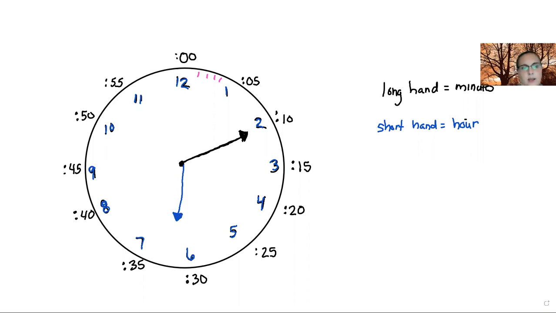My short hand is just after the 6. So if it's between 6 and 7, that means it's going to be the hour of 6. And the minutes it's pointing to is the number 2, which we know is 10 minutes. So it is 6:10.